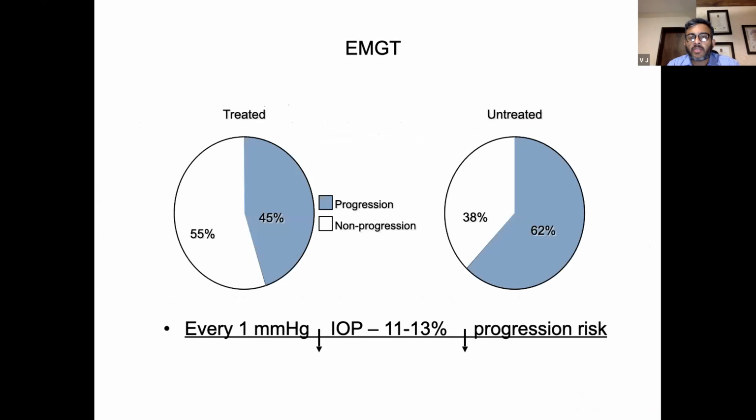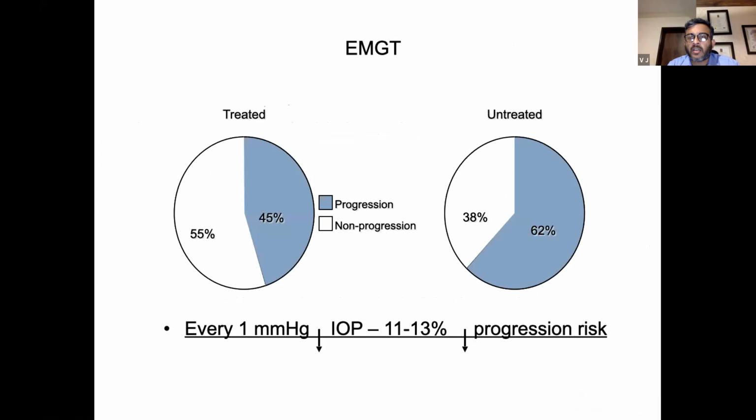In the EMGT, it was shown that if untreated, more than 62% of the patients do progress, whereas if treated, fewer than 45% progress. If we look at the criteria, it is early glaucoma and only a moderate reduction of pressure was done. Therefore, there was still progression in 45% of the patients.